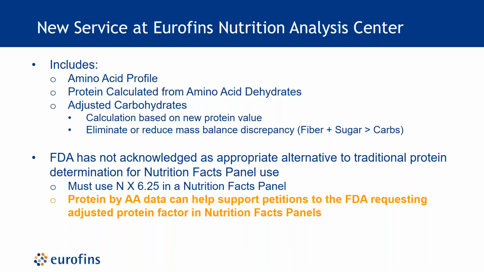This means that you have to use nitrogen by 6.25 in your nutrition facts panel along with the traditional carbs calculation. So you have to use data that contradicts itself, essentially. However, this new service gives you tangible scientific data to show a truer protein value for your specific product that can be used in a formal petition to the FDA requesting an alternative protein factor.